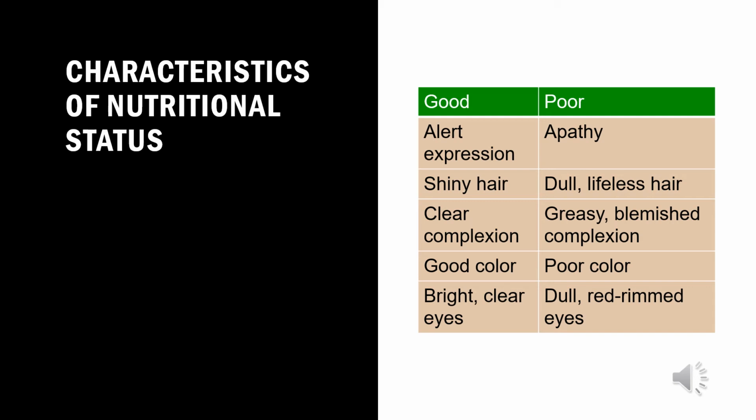I could have shiny hair or dull, lifeless hair. I'll have a clear complexion or a blemished complexion. Maybe my color is very good, or maybe it's very bad. So what do I mean by bad color? Whatever their racial or ethnic background, that doesn't have anything to do with it. We're really looking at what is the underlying color of their skin.